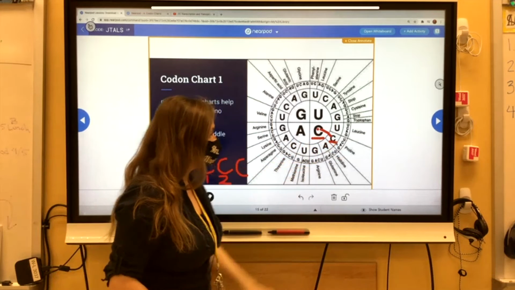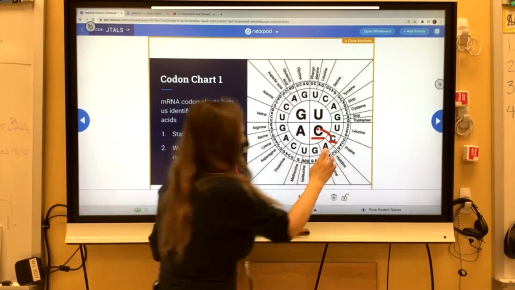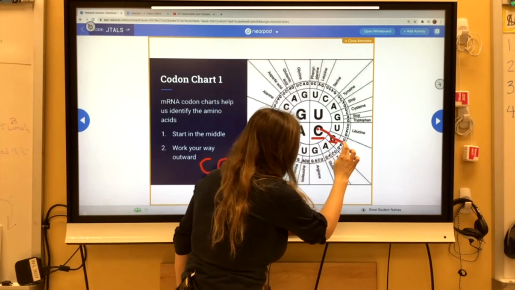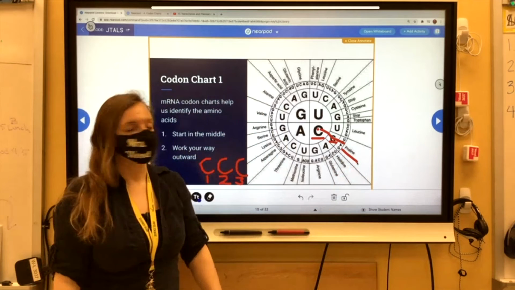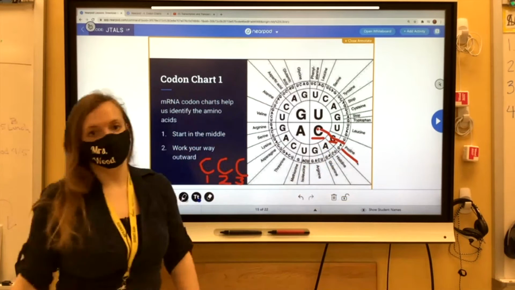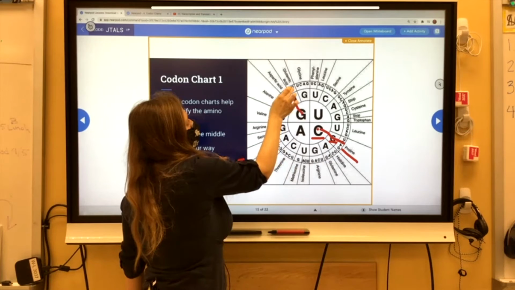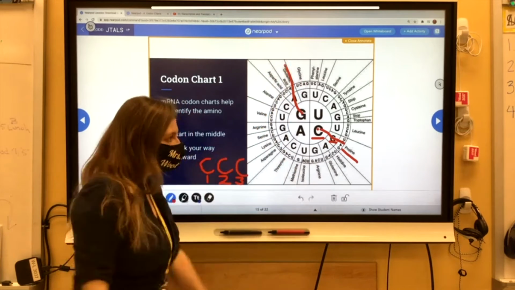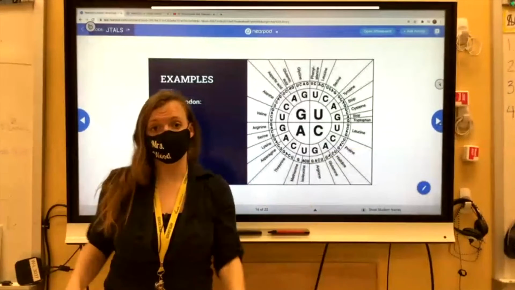I'm moving out to my second one, and then my last letter is also a C. So I'm going to keep going out, and my answer is proline. So I started in the center, and I found a path outward, all right? I'm starting in the center, and I'm trying to find my way out, all right? That's how this works. If that was really fast, I'm going to show it to you again.